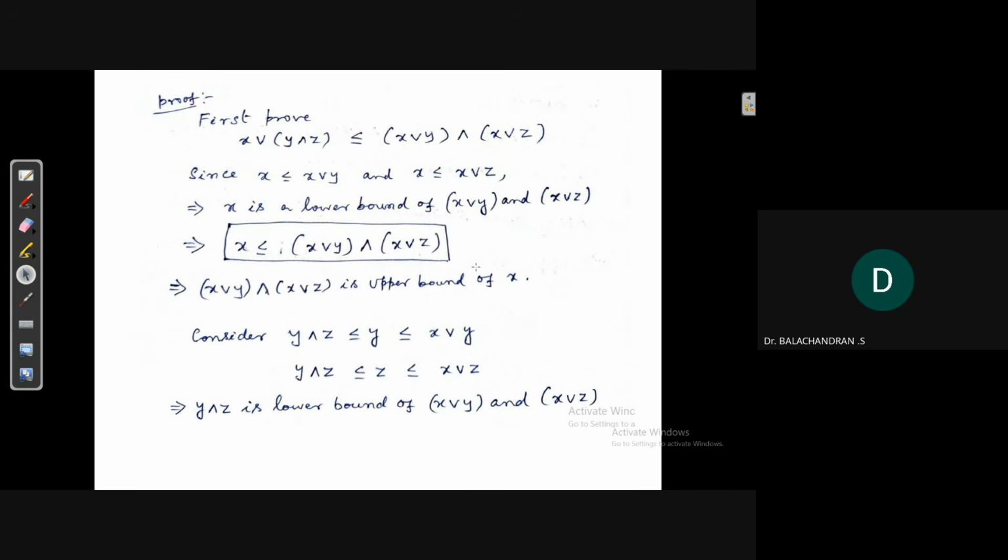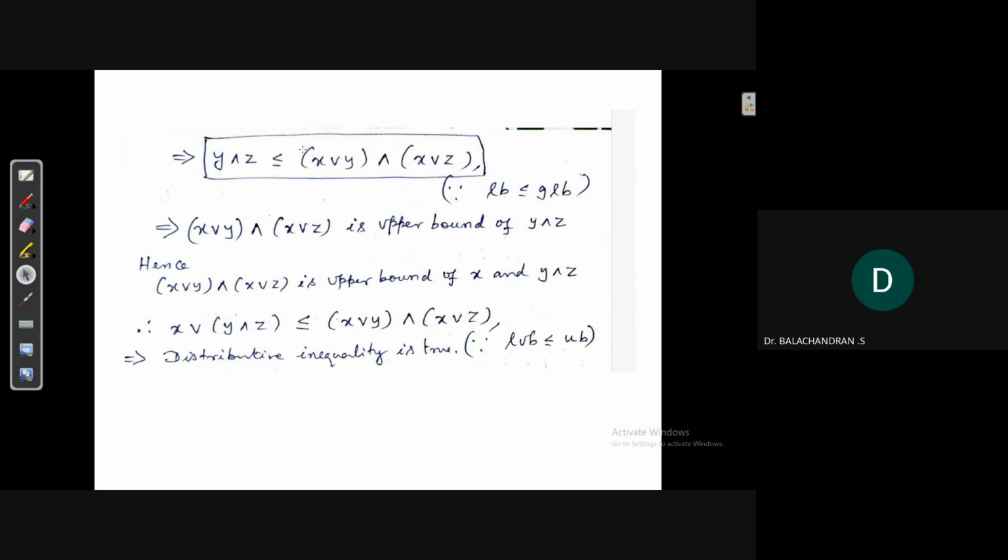For example, if I want to prove this is less than or equal to this, you should remember the key points: I want to prove this should be an upper bound of x, and similarly an upper bound of y and z. If you remember those key points in each proof, then you can write the proof. That is my suggestion.